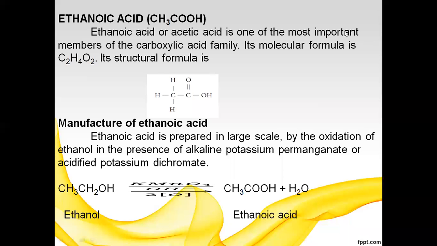So ethanol is converted into ethanoic acid. This is the manufacture of ethanoic acid.